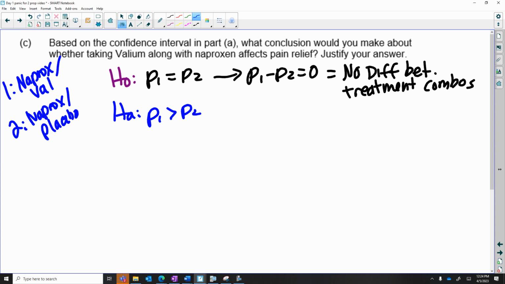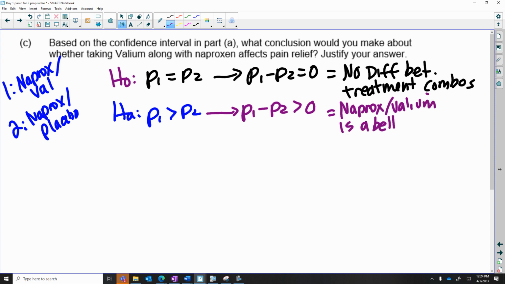So maybe they were predicting that naproxen Valium was going to be better. So then that would be a greater than sign for the alternative. Naproxen Valium is a better pain reducer than naproxen alone.